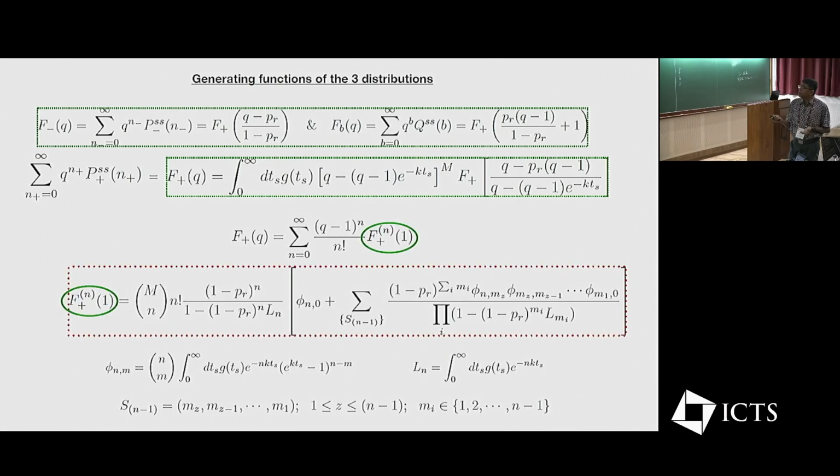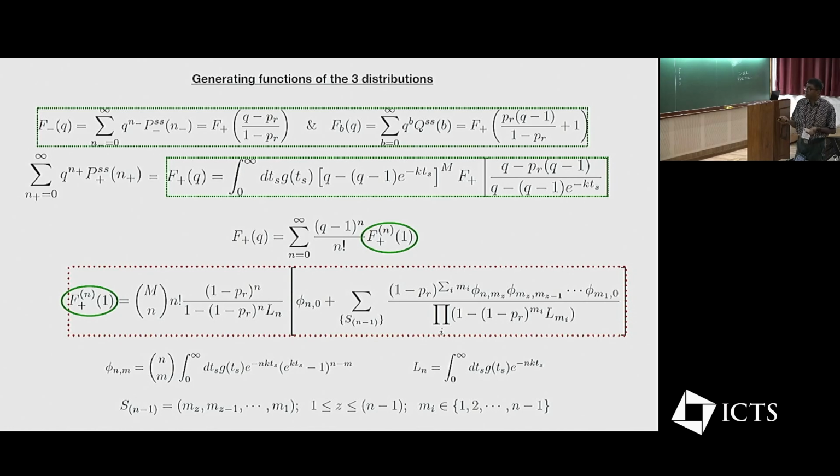Now what is happening here is that this q is getting mapped to another point q prime. This is a homography map, but its fixed point is q equal to 1. So we thought it good to expand the two sides in a Taylor series about q equal to 1, with coefficients f plus n, which we now have to figure out. Then recursively we figured out that these coefficients have this form.